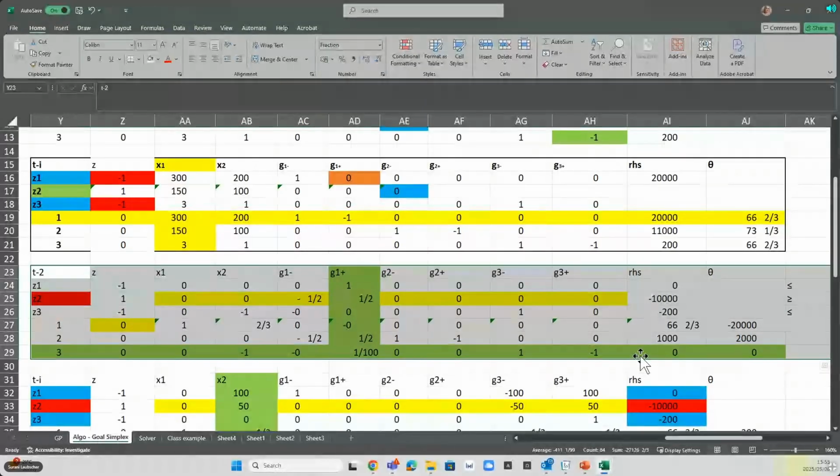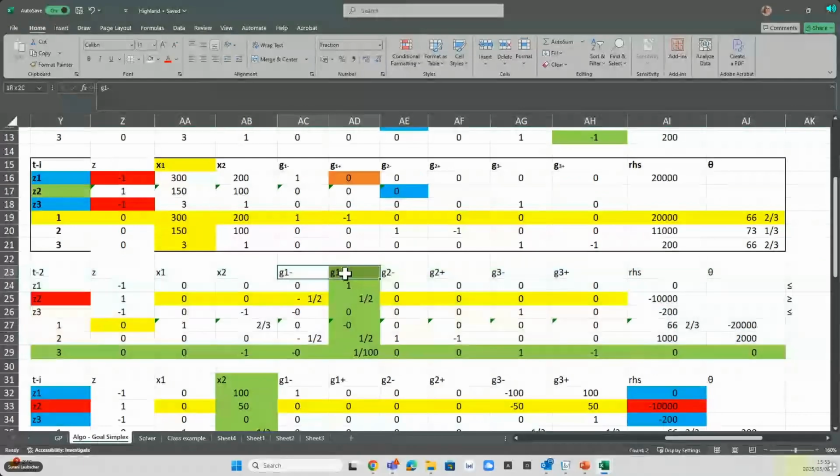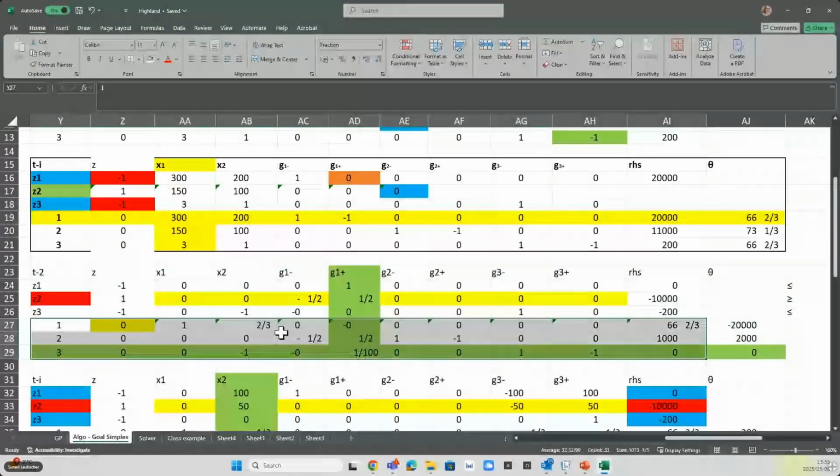Okay, so G1, look at the plus and the minus, look at the constraints. G1 minus equals 0. Do you understand why I'm saying it's equal to 0? Non-basic, meaning it's equal to 0. So is it below? It's below by 0, do you get that? Above, non-basic, so it's equal to 0.